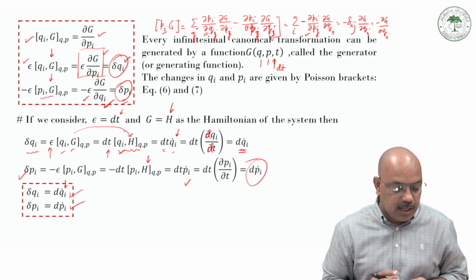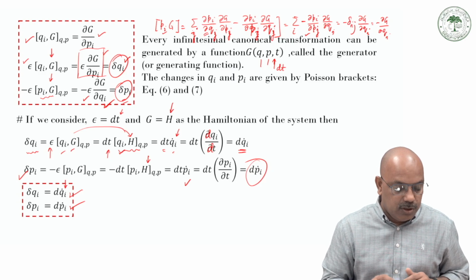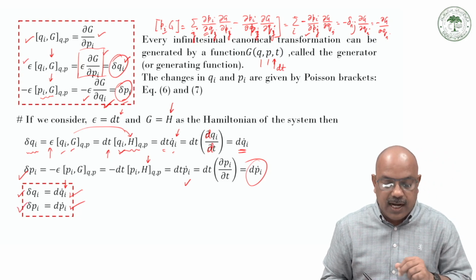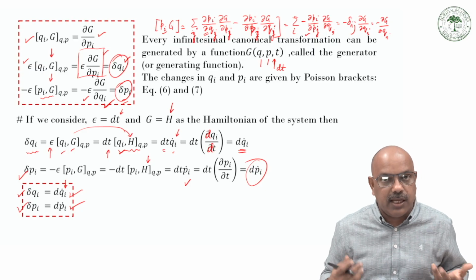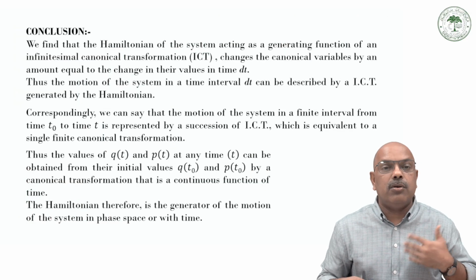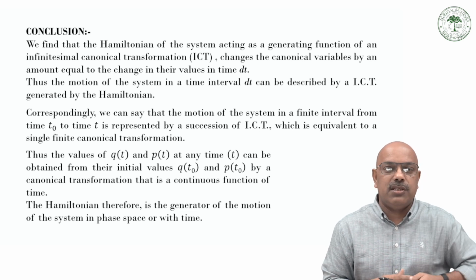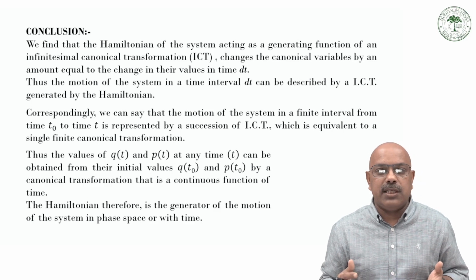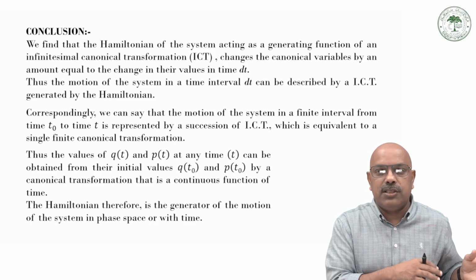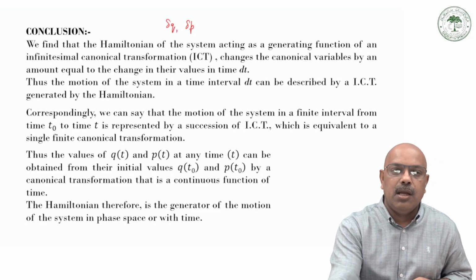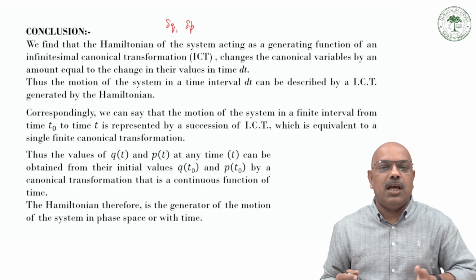This is the time variation, the translation in time, and it is going to be my change in the variable. So the conclusion is that when the Hamiltonian of the system is the generating function, the infinitesimal canonical transformation changes the canonical variables q and p, that is delta q and delta p, by an amount equal to the change in their values in time.